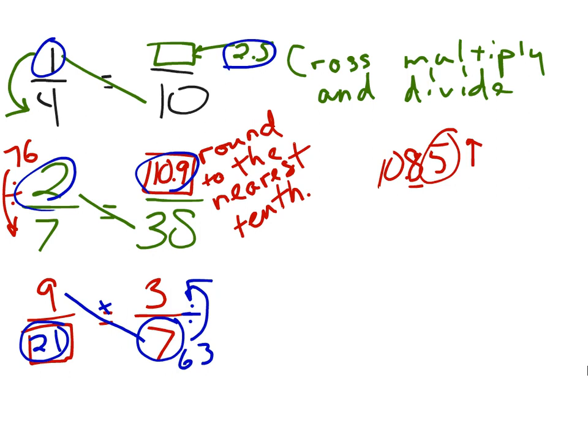There's another way that you actually already know. I'm going to use some of the same examples, 1/4 over 10. So let's work on that one. 1/4 equals blank over 10. We know that that one's going to be 2.5. Another way that you can do it is you can take, seeing as we're trying to figure this one out, this blank out, what you can do is you can take the number that is above or below that blank.